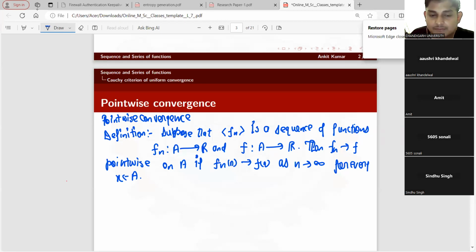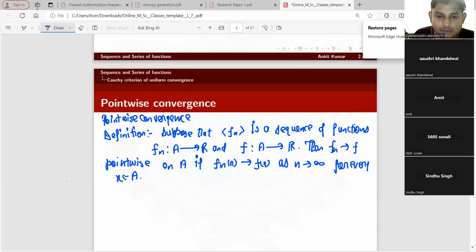We define two mappings, Fn from A to R and F from A to R. Then Fn tends to F pointwise on A if Fn(x) tends to F(x) as n tends to infinity for every x belonging to A.